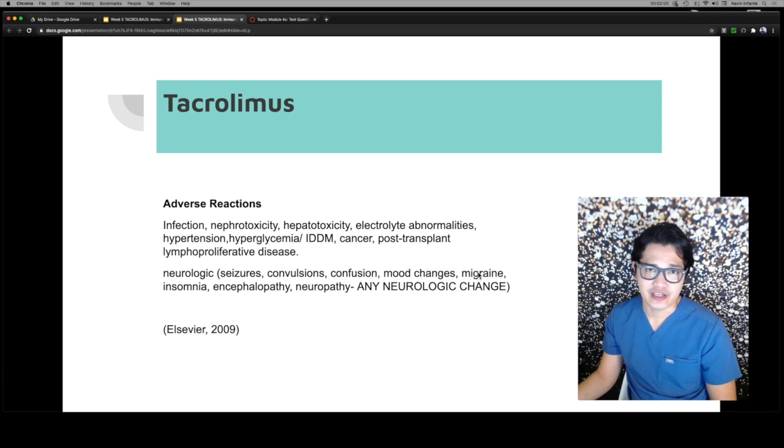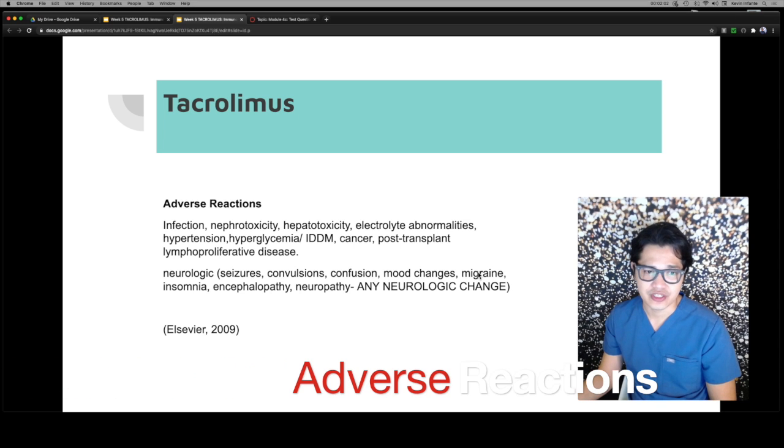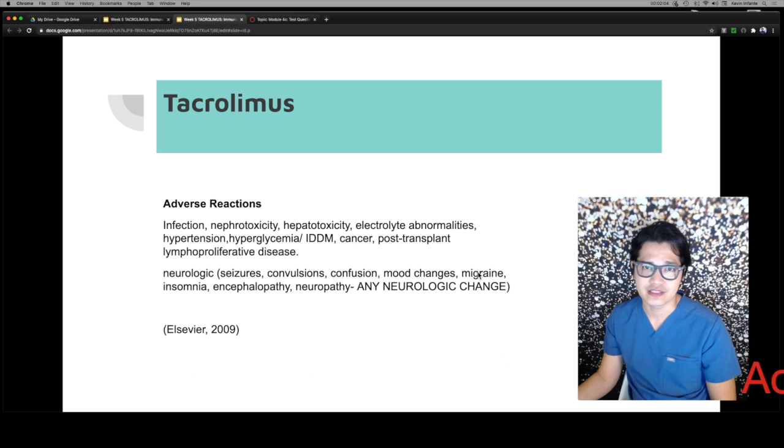Other adverse reactions of tacrolimus include infection, nephrotoxicity, hepatotoxicity, electrolyte abnormalities, hypertension, hyperglycemia, insulin-dependent diabetes mellitus, cancer, and post-transplant lymphoproliferative disease.